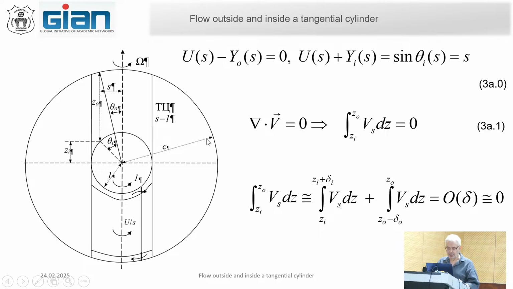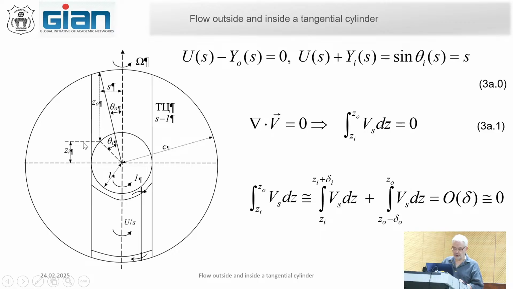So here you have a picture of how everything is shown, and in this picture you see that we make a special notation for the z coordinate on the inner boundary, this one, which I pointed out with the mouse.